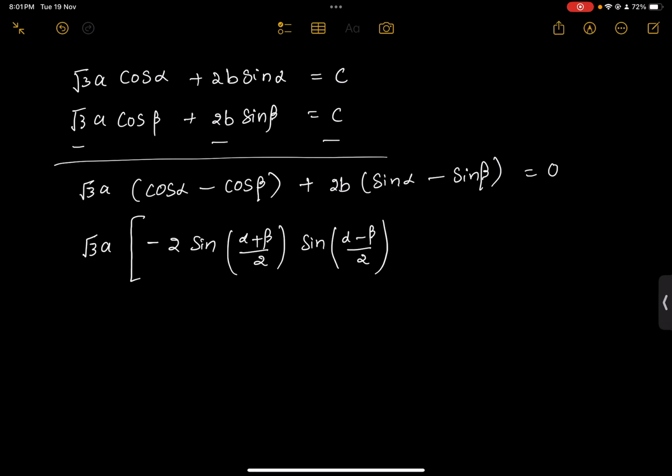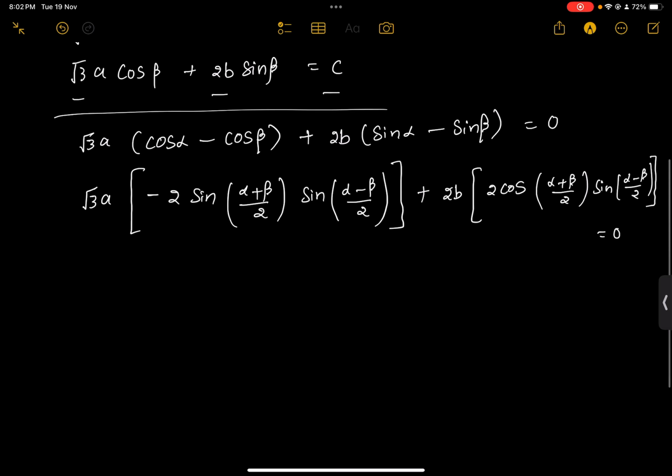So minus 2 sin (C plus D by 2) sin (C minus D by 2), plus 2b times (sin C minus sin D), which is 2 cos (C plus D by 2) and sin (C minus D by 2). So this whole thing is equal to 0.